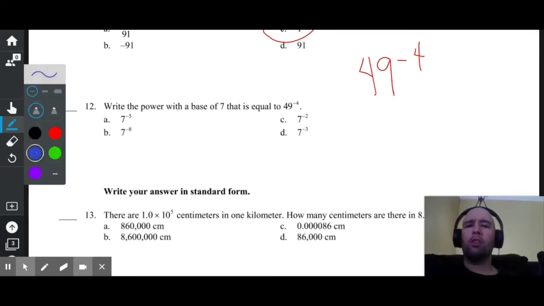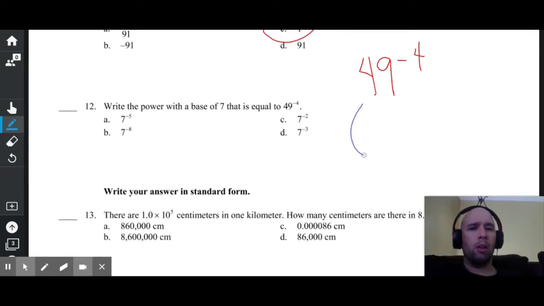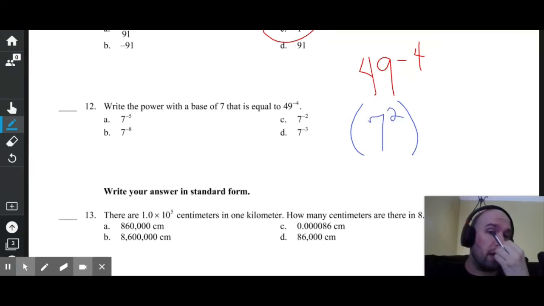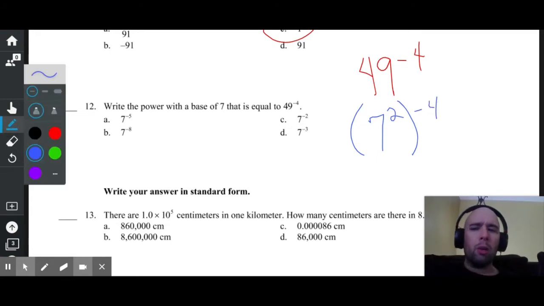I'm just gonna focus on 49 only. 49 is the same as 7 squared, right? So 49 to the negative fourth is the same as 7 squared to the negative fourth. On the first page, I think it was, we had stuff living inside parentheses with an exponent taken to another exponent. And what we did is we multiplied exponents.